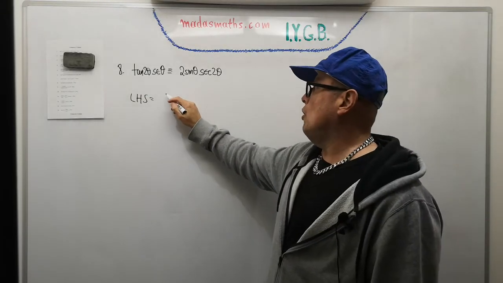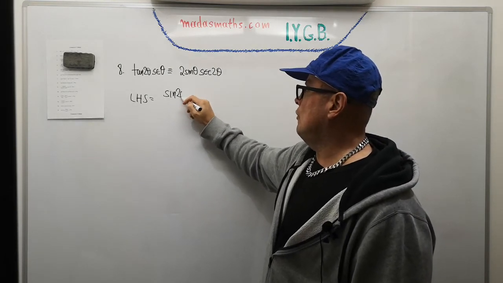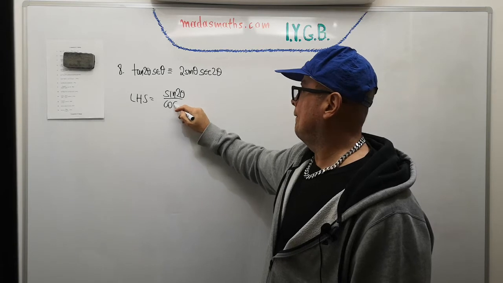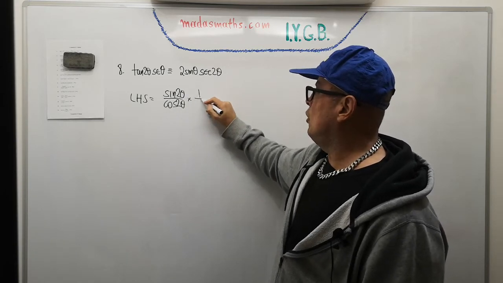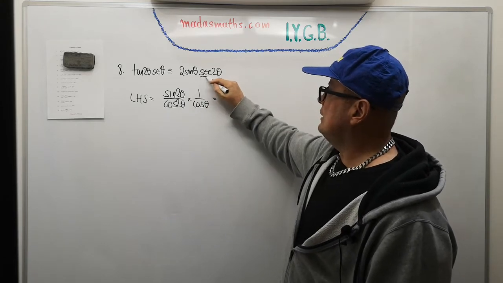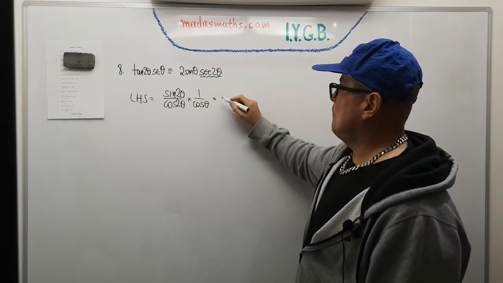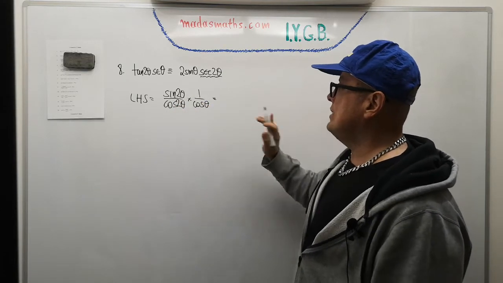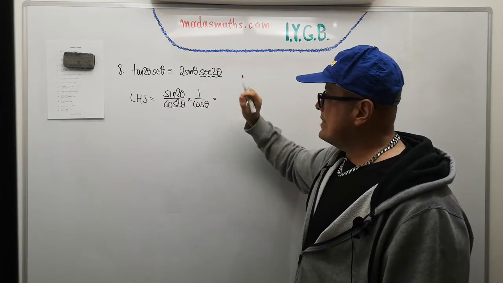So left hand side, let's see what happens. Change the tan into sines and cosines, times the sec, yes, 1 over cos theta. Because I noticed this sec of 2 theta, which is here, I'm going to write, first of all, the sine of 2 theta now. There's no more 2 thetas on the right hand side, so I need to break the sine of 2 theta.